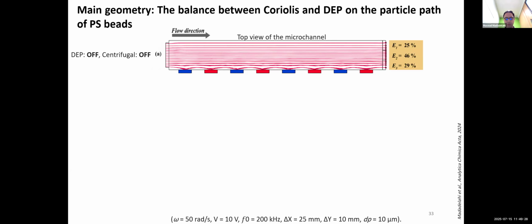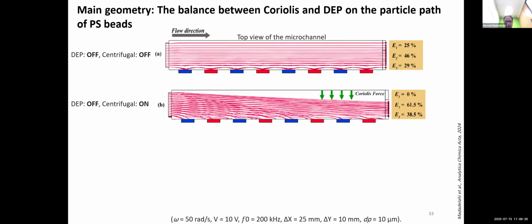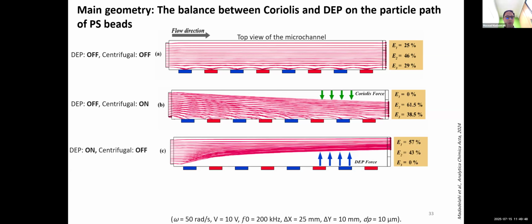Here you can see the top view of that microchannel. When you turn your centrifugal force on, centrifugal force and also Coriolis force appear, right? Like this. So we will have this change or deformation in our particle trajectories.